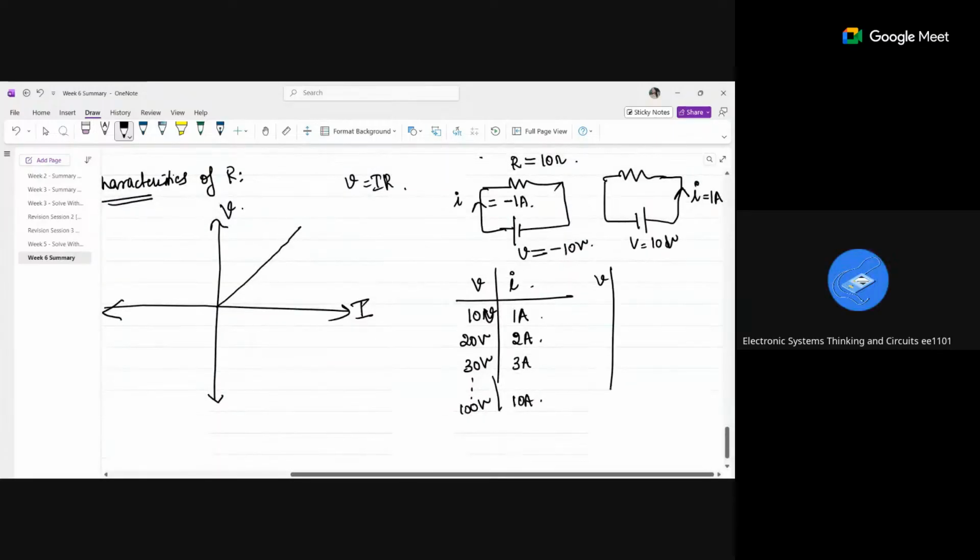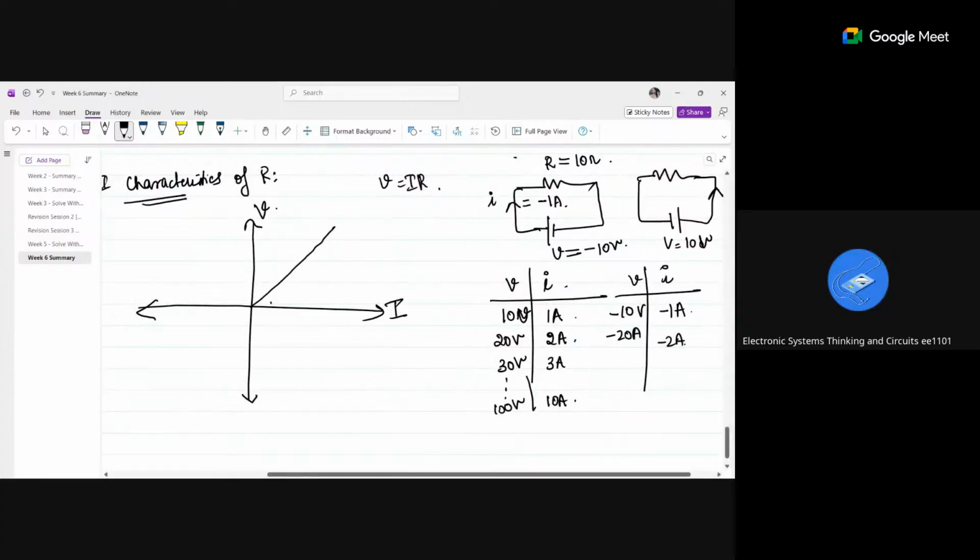So again the same graph I am plotting, but for negative. If it is minus 10 volts, it is minus 1 ampere. Ma'am, can you plot the values in the graph? See, 1 means it will be 10. Here I am writing in terms of 10. It's just a straight line, right? Linear. Now, if I plot this side, it will come like this.